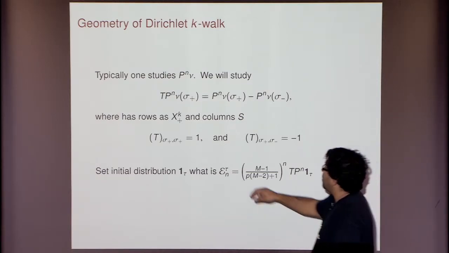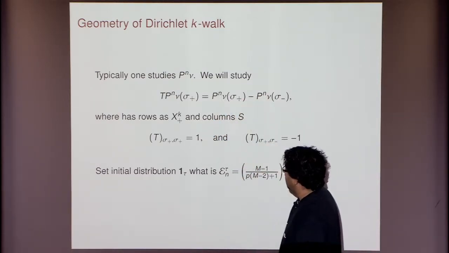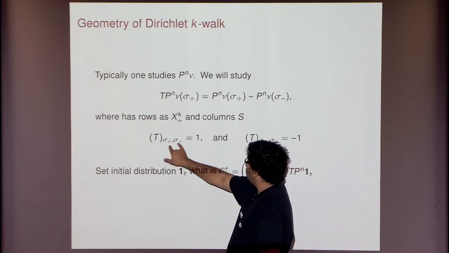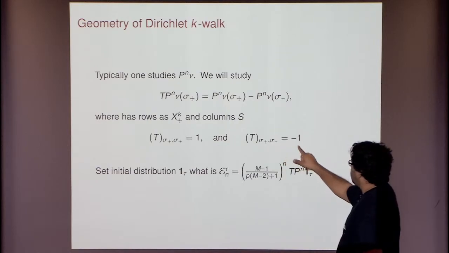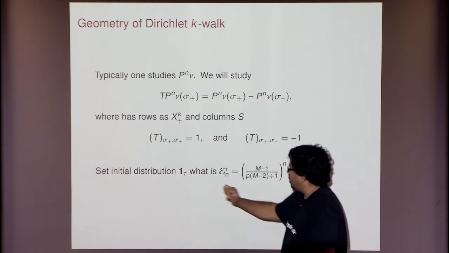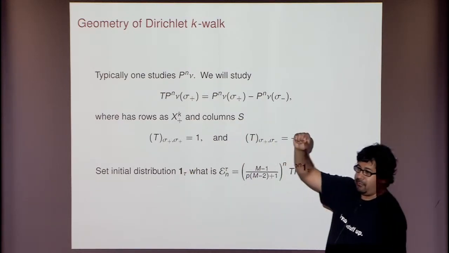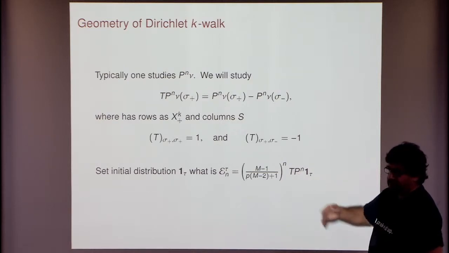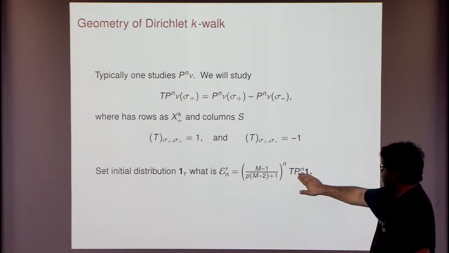And so I can think of an operator T that just looks at the difference between these two. And one way of thinking about it is just if I have two faces that have the same orientation, it's a 1. Any two that are different is -1. So now what I can do is start with an initial distribution just on any face. Okay, that's what I'm doing. I start with any face. Iterate this P, this transition matrix, n times.